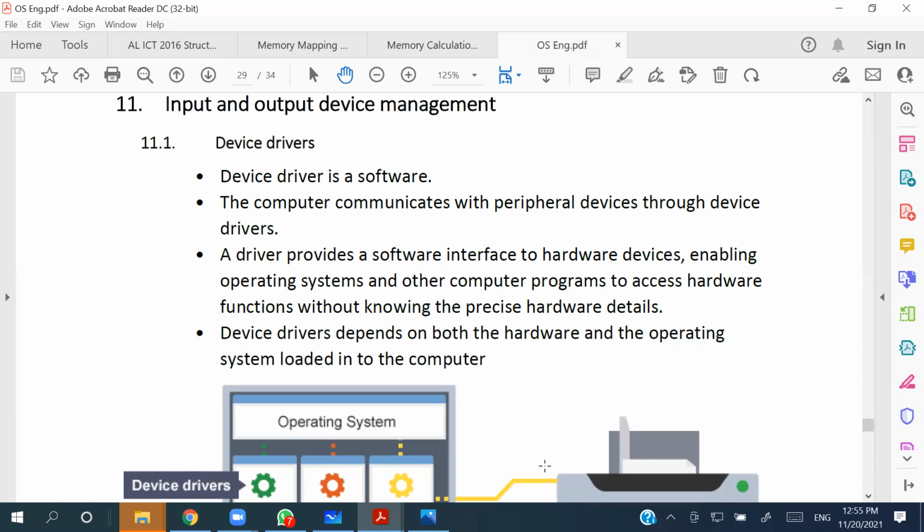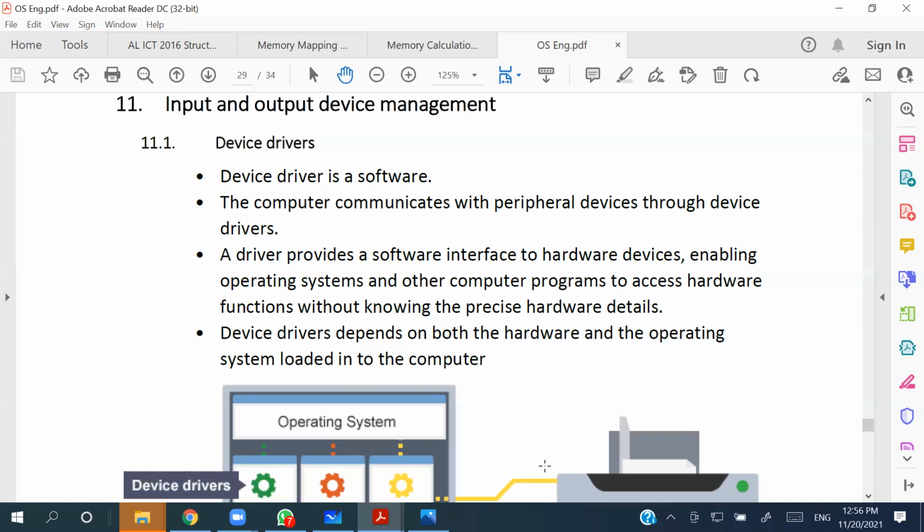Now there is a particular hardware called device controllers, as well as there is a particular software called device drivers. So an operating system will use these device drivers to introduce a peripheral device. Peripheral devices are the devices we connect externally to the computer system.